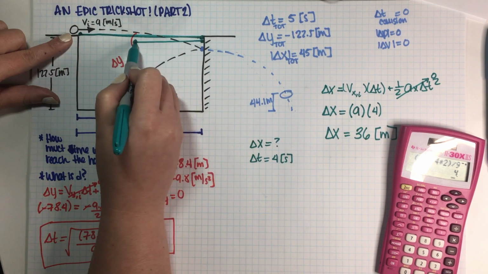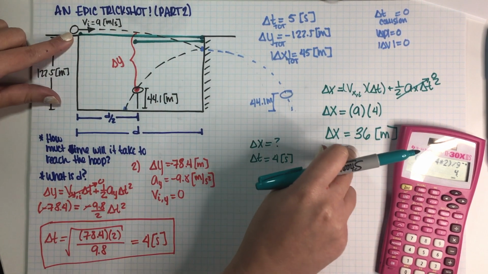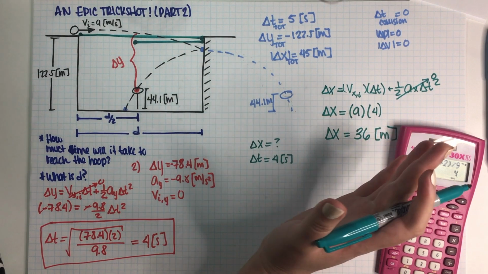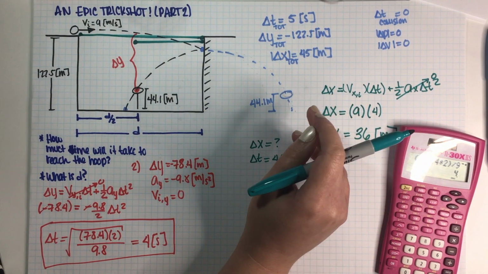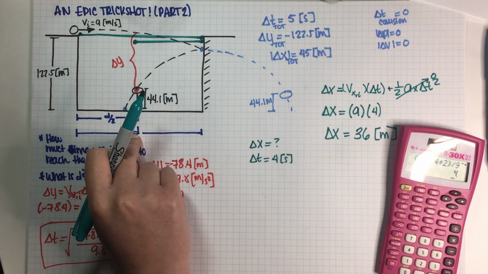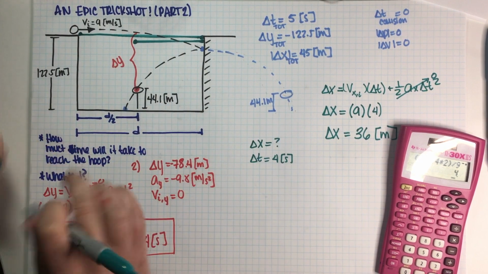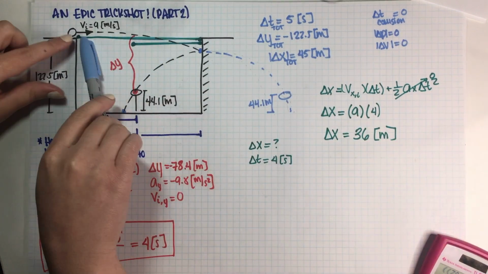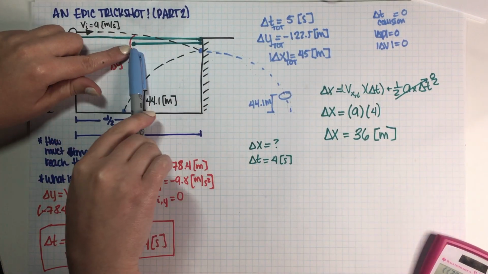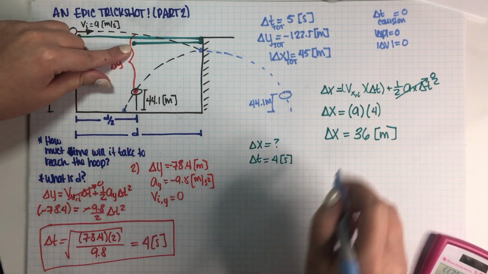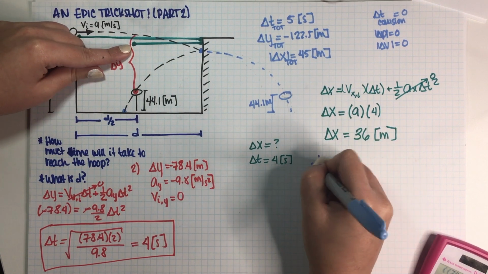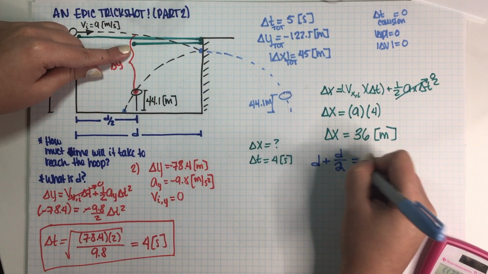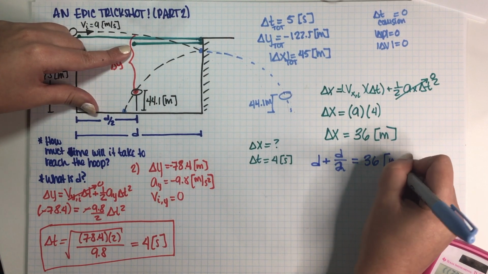Even though I didn't straight up find D, I almost did, because I traveled a D distance and then halfway back. So a D distance plus a half D distance is equal to 36 meters.